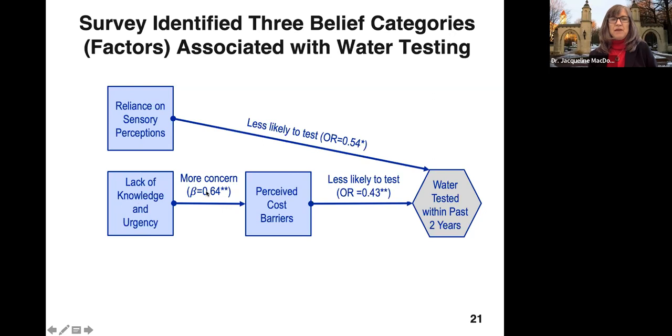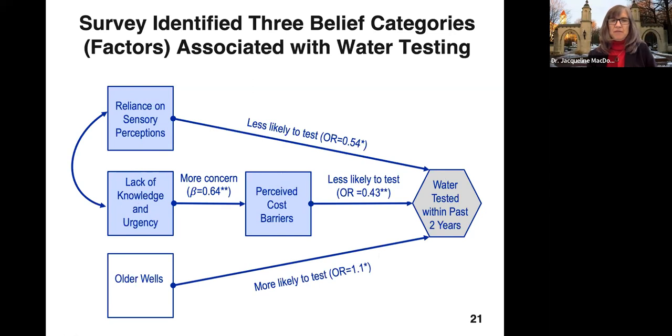So here in this case, this fractional estimate means more worried about costs. So the folks who knew less were actually more worried about costs, and that's the thing that actually drove them to be unlikely to get a water test, in addition to this belief that there's no need to test as long as the water is palatable and looks good.